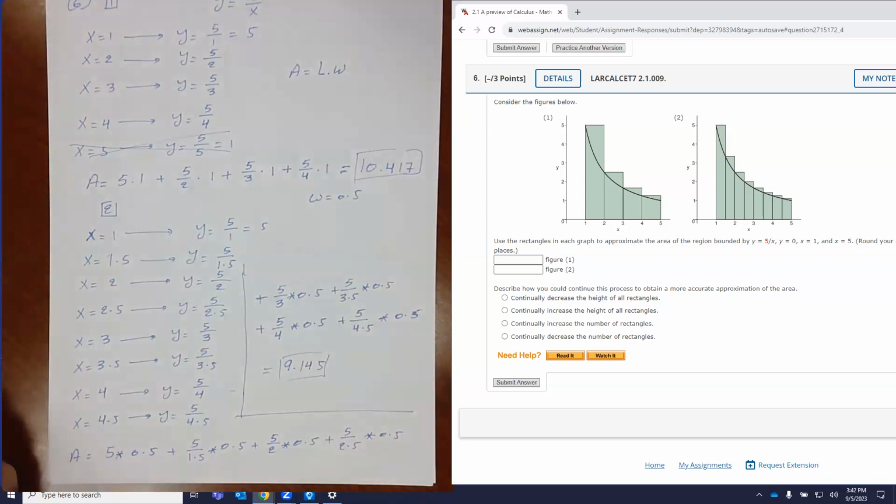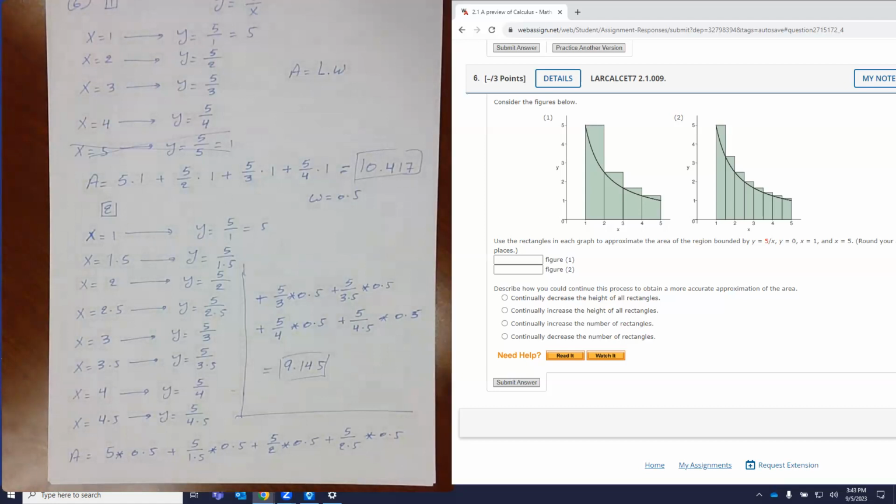That means when you increase the number of triangles, you're going to approach the exact area. That's why it's important to study the limits first, and then we're going to find the area by using the limits, which is going to be the next section.